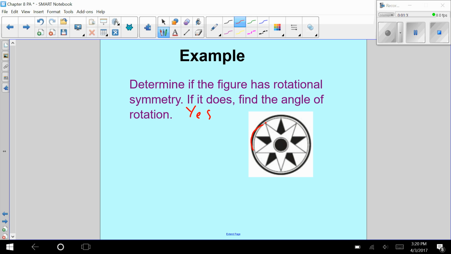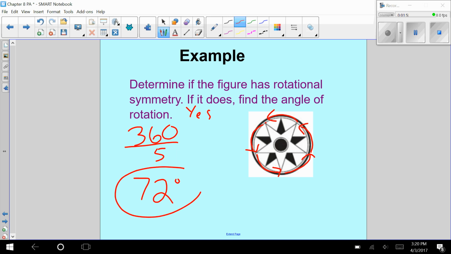It turns to here before it looks the same again. It can't turn to one of those black ones because the black ones are kind of behind the white stuff. So it would turn twice, 3, 4, and 5 times. I take 360 degrees divided by 5, and I get 72-degree rotational symmetry.